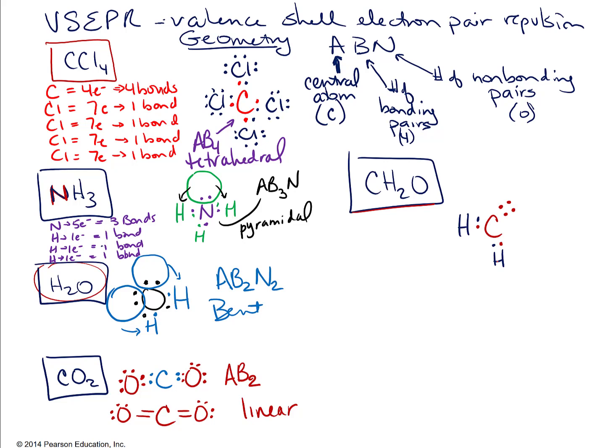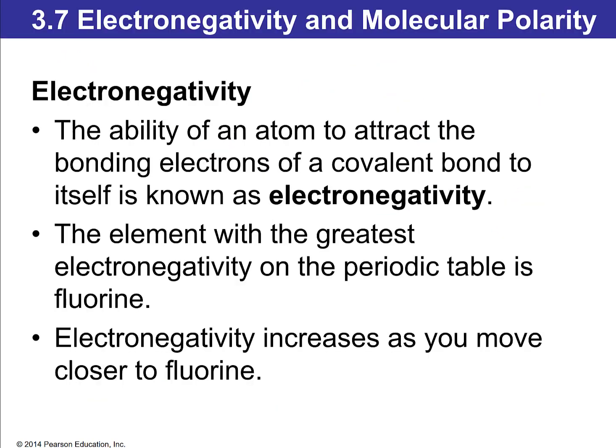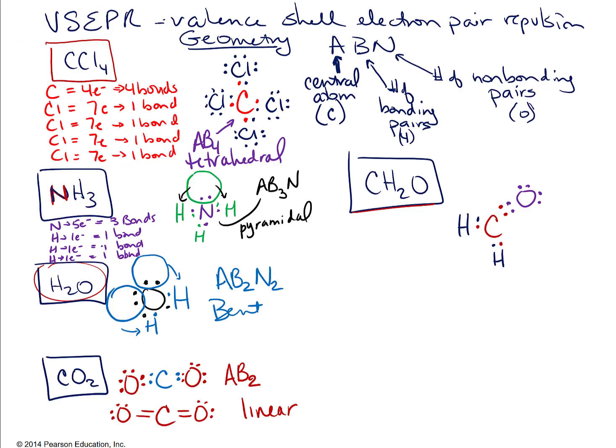But it has to share a double bond, let me get a different color, with the oxygen, and two single bonds with the hydrogens. And so it ends up looking kind of like this.